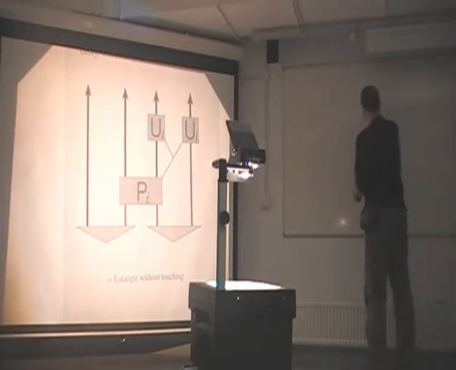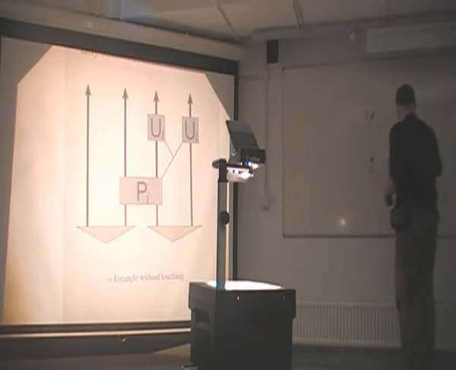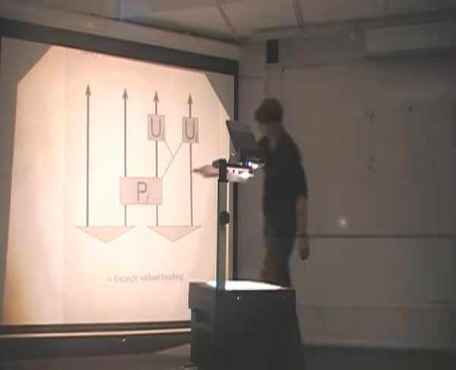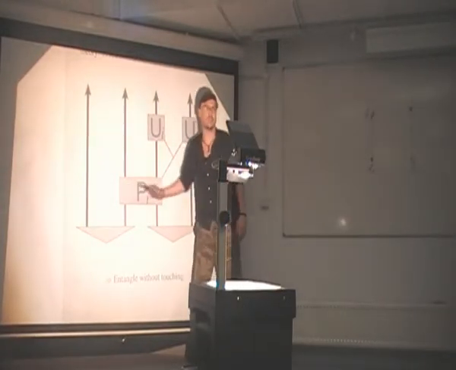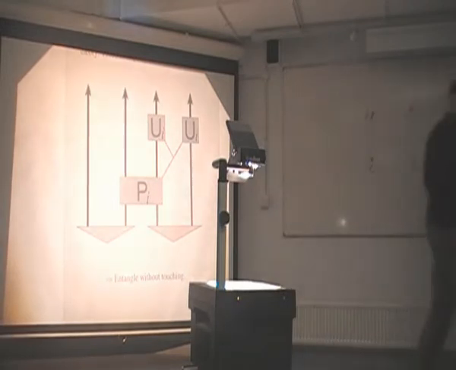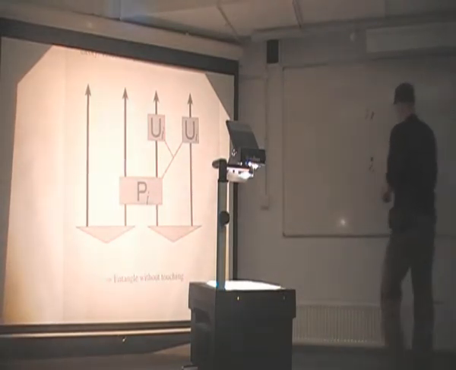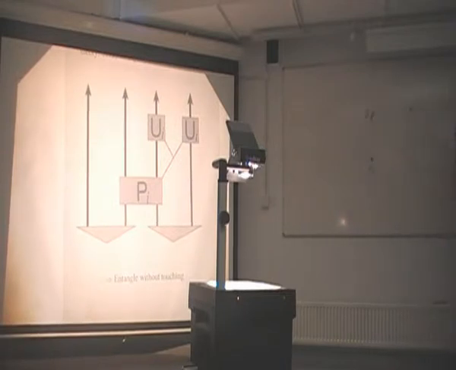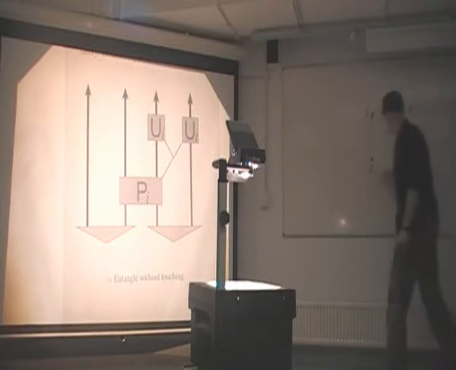I've got A and B sharing a channel, C and D sharing such a channel. Then you do something on B and C, which is one of these measurements again.